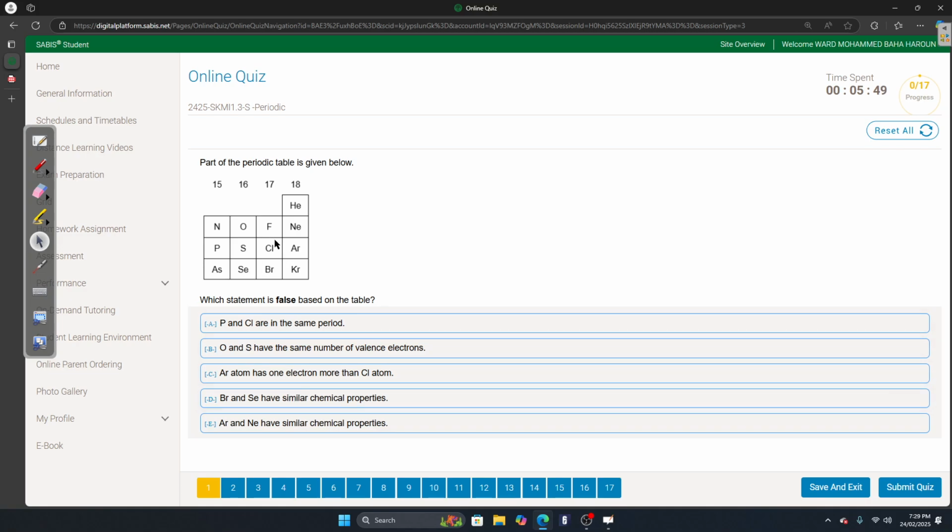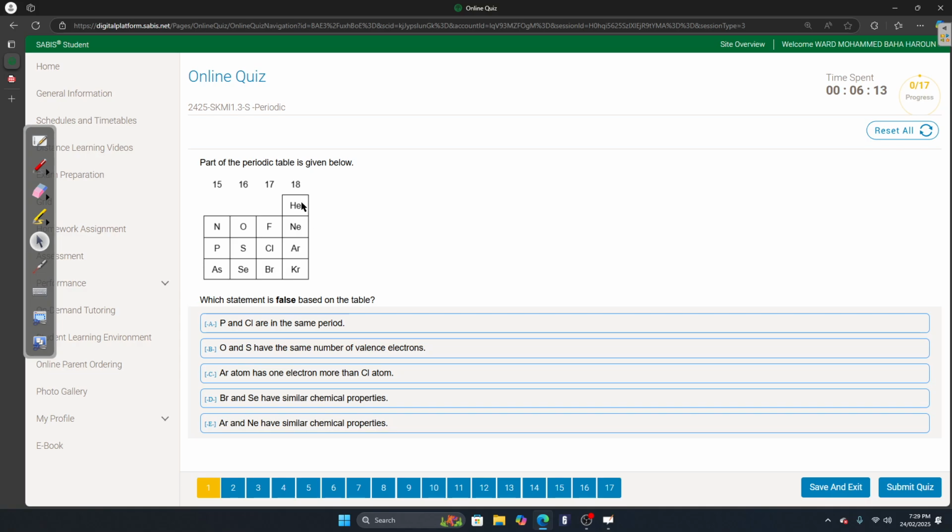Br and Se are in the same period. The Br and Se have similar chemical properties. We'll go back on that. Ar and Ne have similar chemical properties. We said that in the same group.